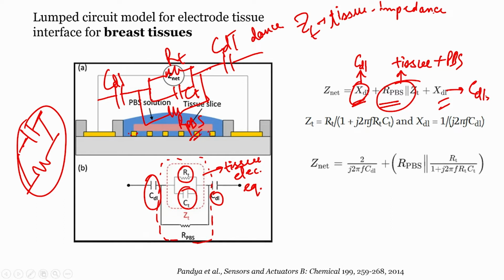So now you will substitute the values individually for each of these components. Let us begin with the first one, XDL. XDL will be given by, what is the expression for any capacitor? 1 over 2 pi fC, right?